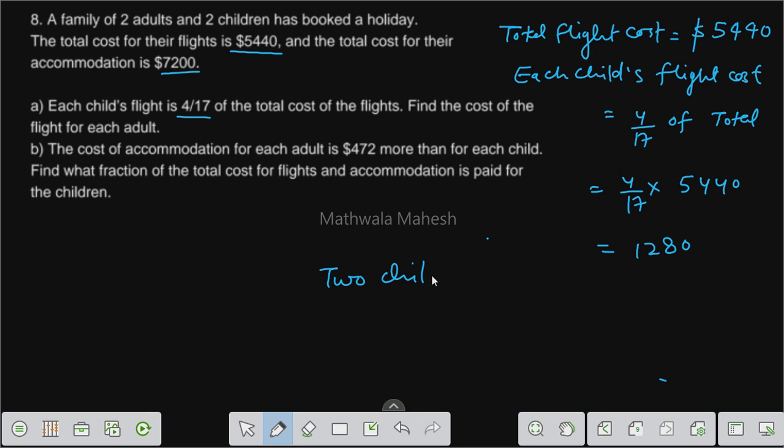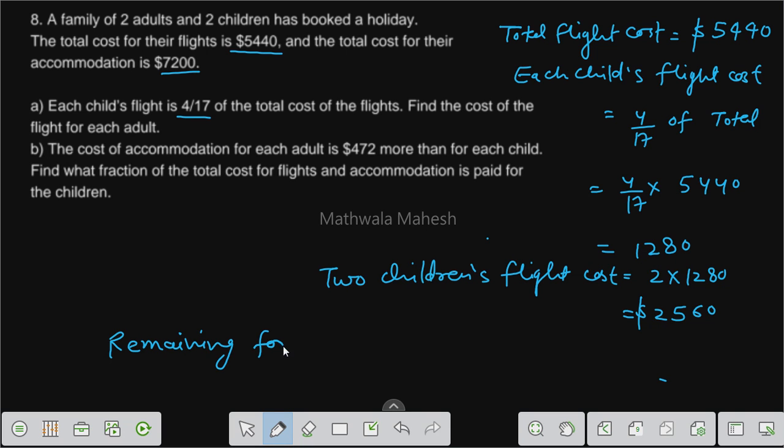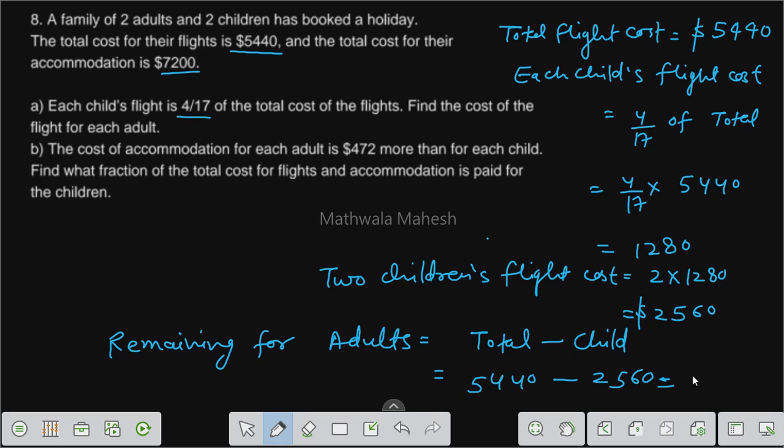So two children's flight cost is equal to 2 into 1280, which is $2560. And the remaining for adults is equal to the total cost minus the children's. The total is 5440, and the children's flight cost is 2560, and the answer is 2880.